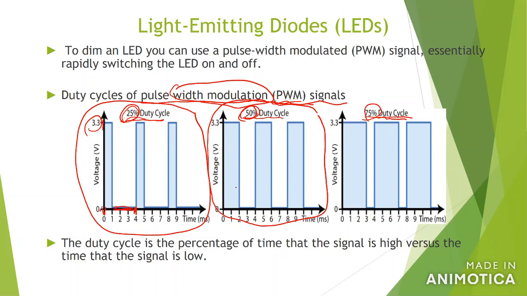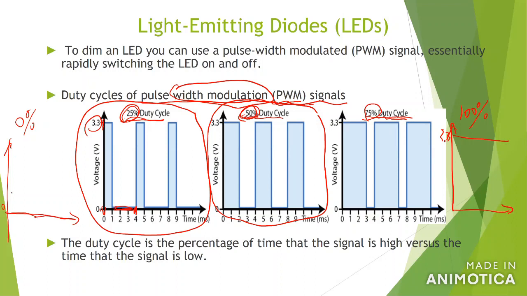So by changing the duty cycle, we change the length or width of the pulse. If you have a 100% duty cycle, the whole signal is logic 1, 3.3 volts. If you have a 0% duty cycle, all outputs are zeros.